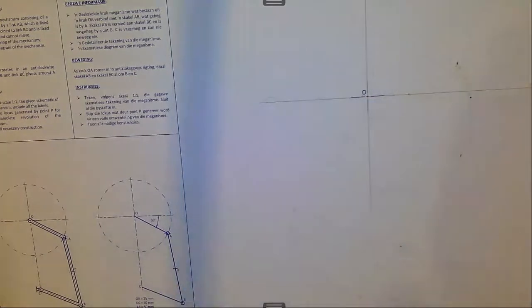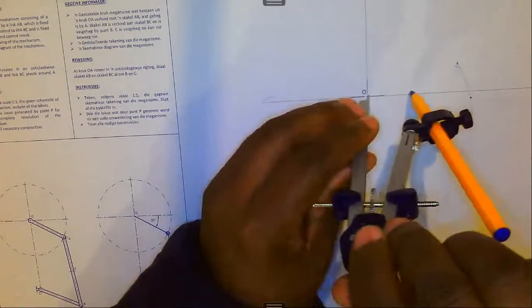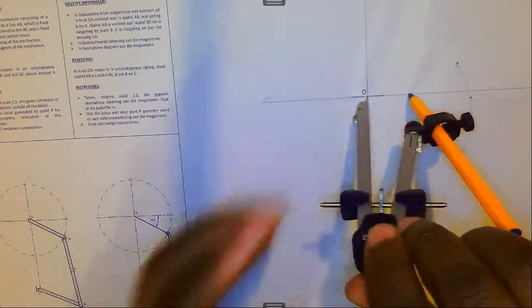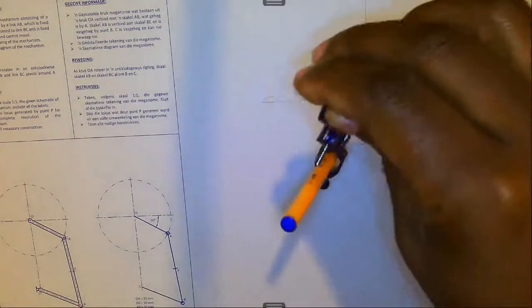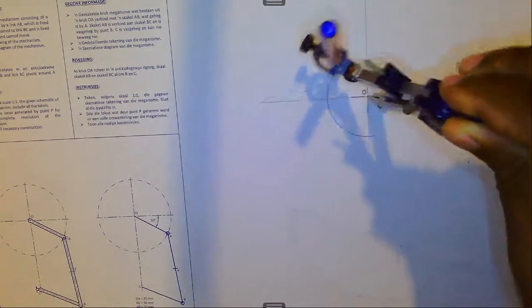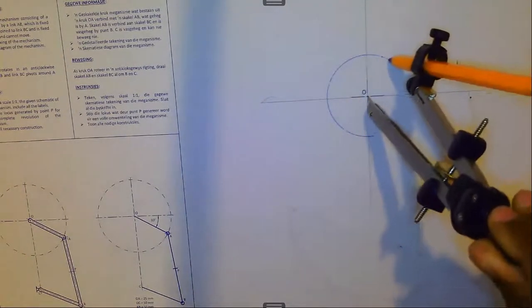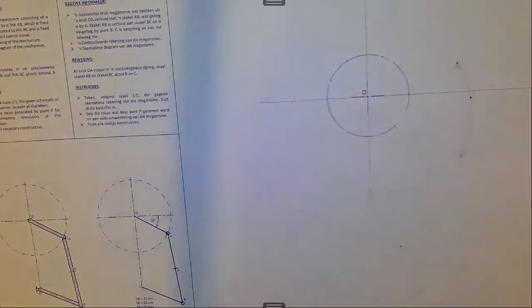But the moment it is a crank like that, we know that we are supposed to draw a circle. That circle is representing the path which is followed by point A. So you copy the way it is drawn, not just a circle, but in most cases a centerline, which is what we have here as well.